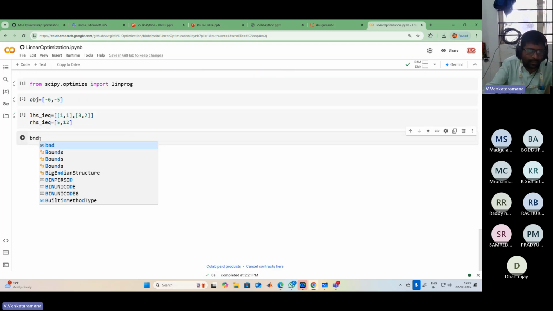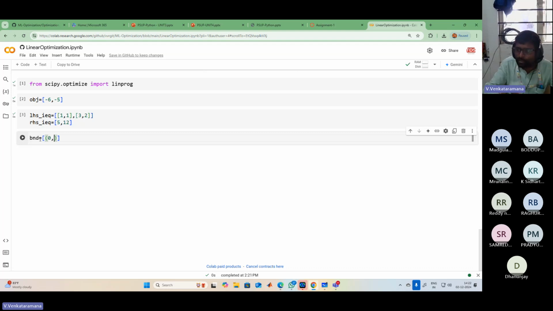Here you can write 0 comma, so the lower limit is 0 for the variable x. The upper bound: x should be greater than or equal to 0, either 0 or greater means anything up to positive infinity, so I will write inf. Similarly, you can give the y values also.